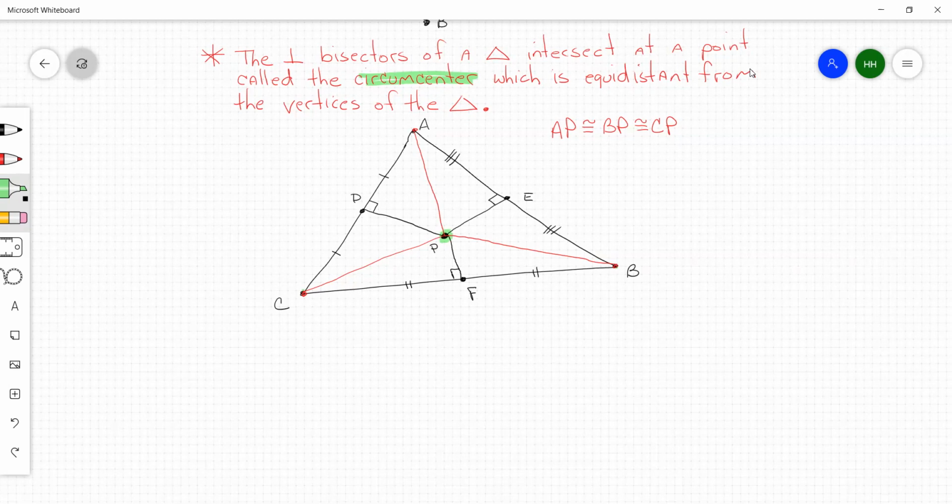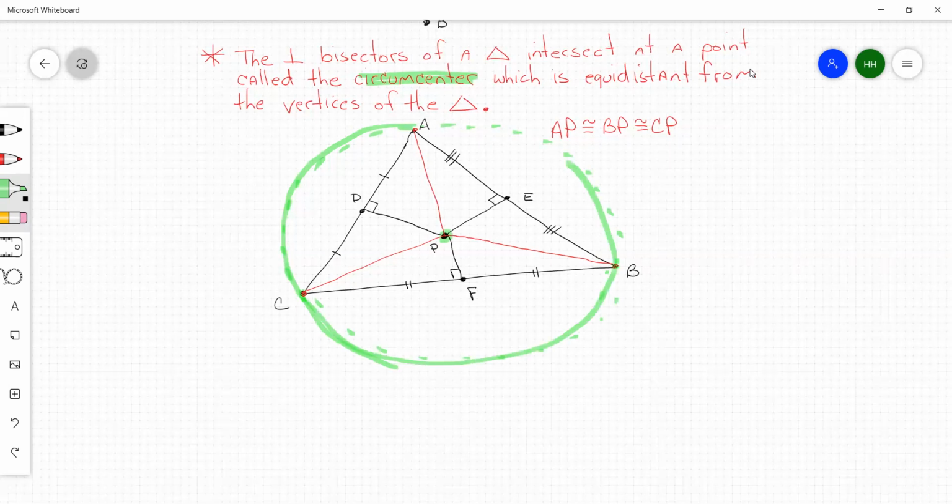Okay? Circumcenter, like the term circumscribe. So this is hard to draw. There's a circle that goes around this triangle. Okay? There's a circle that goes around every triangle.